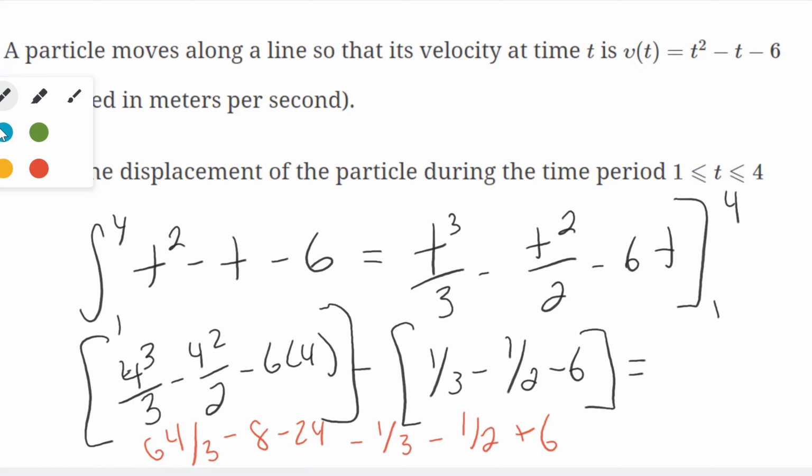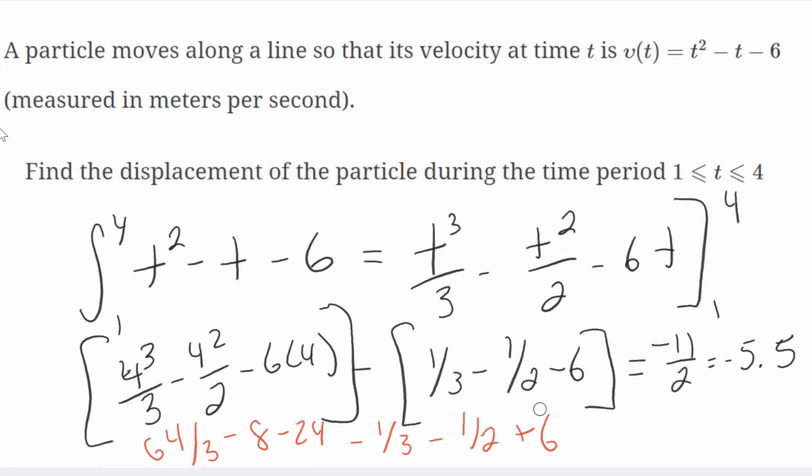And this comes out to negative 11 over 2, which is negative 5.5. Or did I screw up typing this into my calculator? Nope, I typed it in right. Oh, that should have been plus 1/2. Yeah, I was sitting here looking at it going, I don't know if I understand. That should have been plus 1/2. Gotcha.